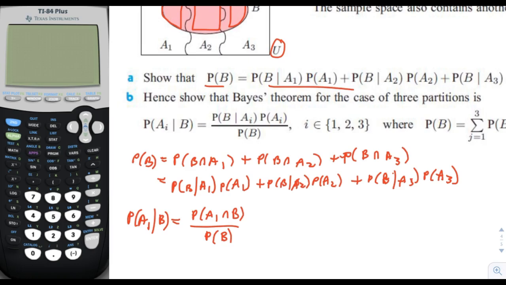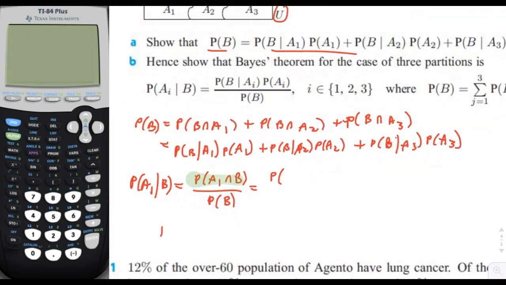So wouldn't that also be equal to, if we just take the top part and we say A1 intersect B, isn't that the same thing as the probability of... now I'm going to rewrite something down here.